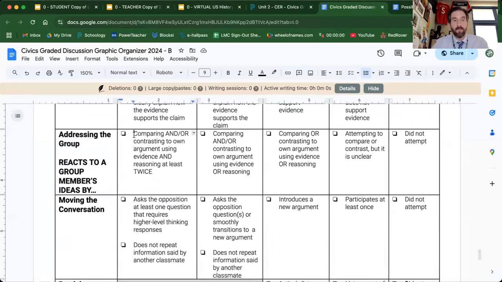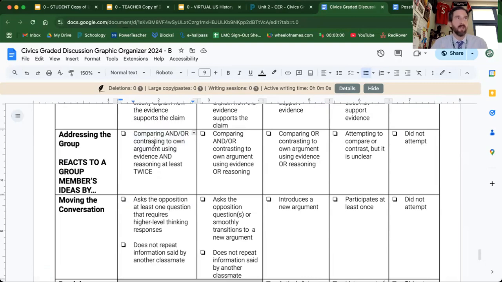Addressing the group, comparing and or contrasting to own argument. It could be others' arguments as well. At least twice. You can compare twice, you can contrast twice, you can compare once, contrast once. It's totally up to you, right? If somebody's like, ooh, the First Amendment, we are fulfilling or we are meeting the founders' expectations.